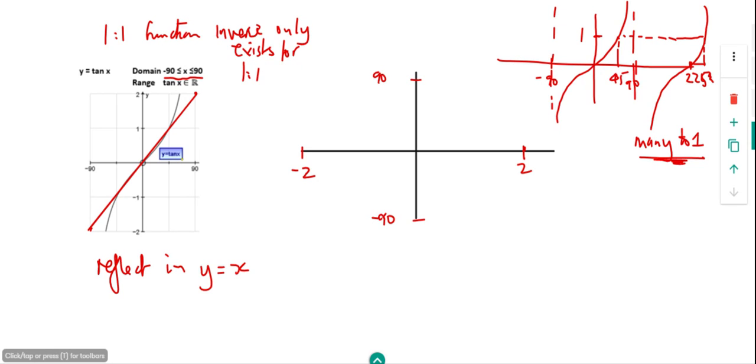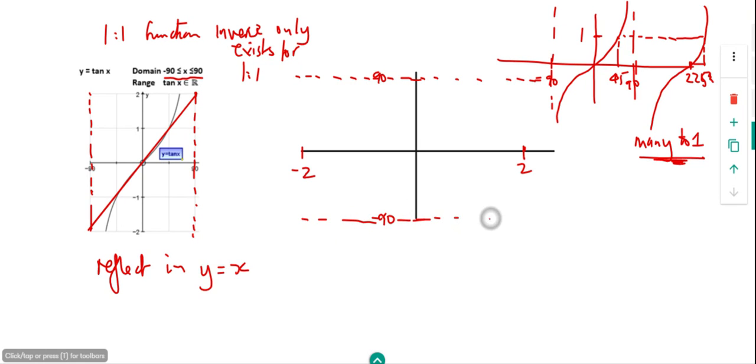As well as the axes, the values on the axes are going to reflect as well. We've got the asymptotes, which were here and here at plus and minus 90. So they're also going to reflect, and they're going to look like this now. They're going to become horizontal lines at plus 90 and minus 90.